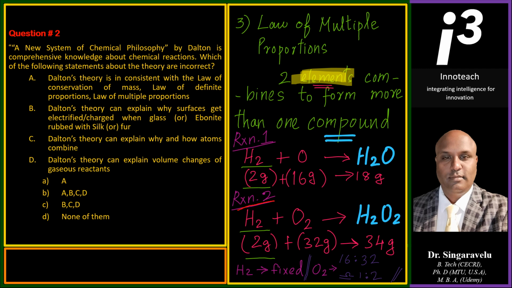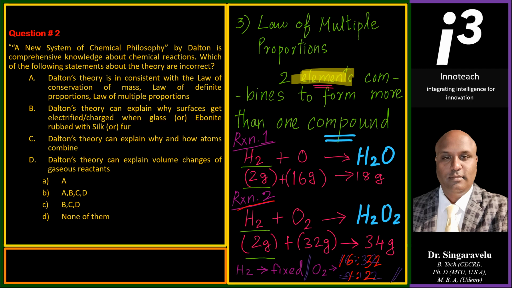So now if we take the hydrogen which is fixed, and if we find the ratio of the oxygen, which is given as 16 is to 32, in the first reaction it is 16 and in the second reaction it is 32, so that is in the simple integer ratio 1 is to 2, and that's what the law of multiple proportions says.